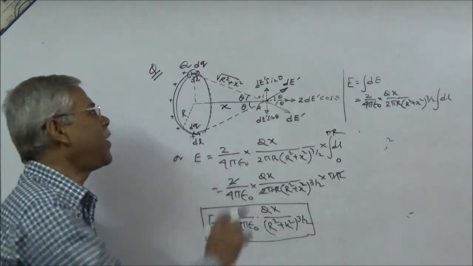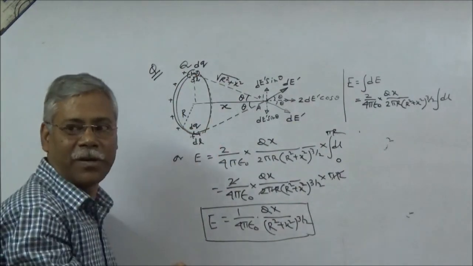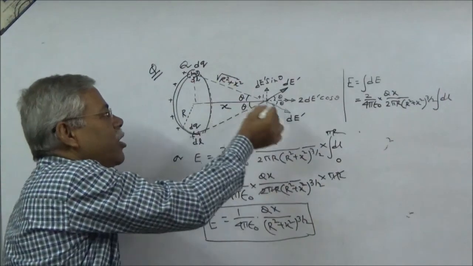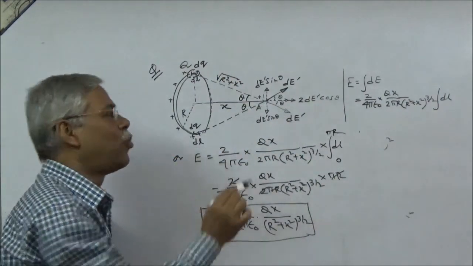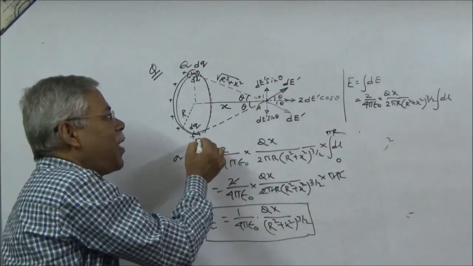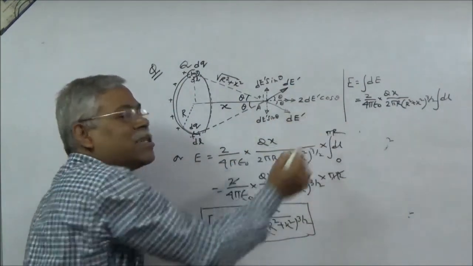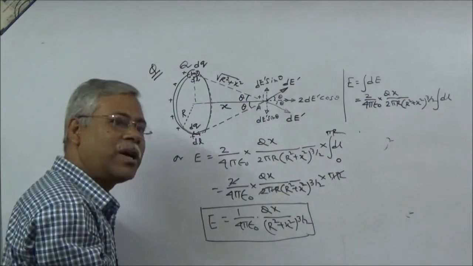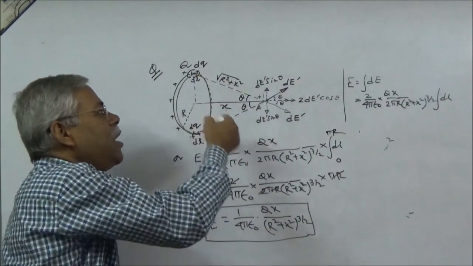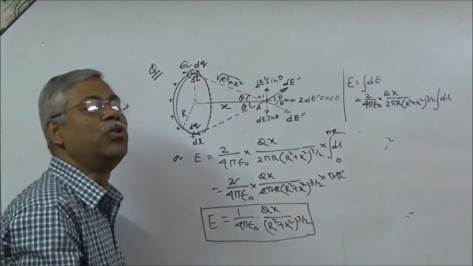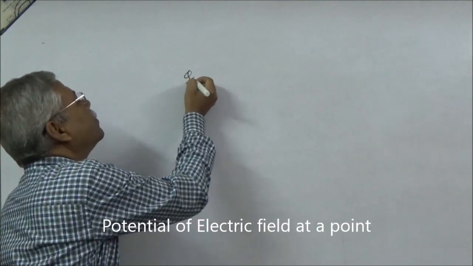What have you considered first? dq and its counterpart. Then what is the field due to dq? dE dash. What is the field due to dq and its counterpart? dE. How much is dE? 2 dE dash cos theta. Okay. Then what is the net field? Integration 2 dE dash cos theta.